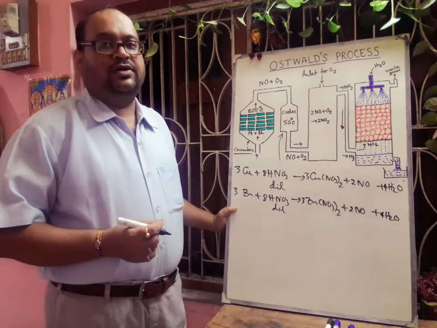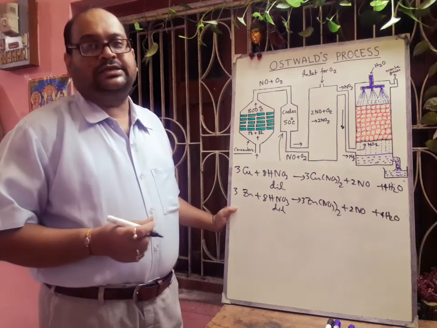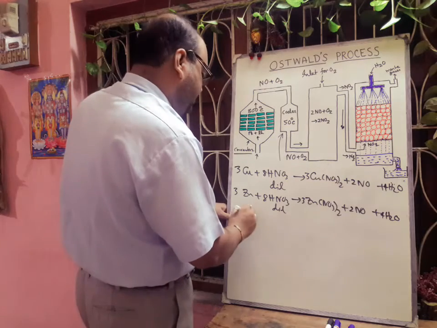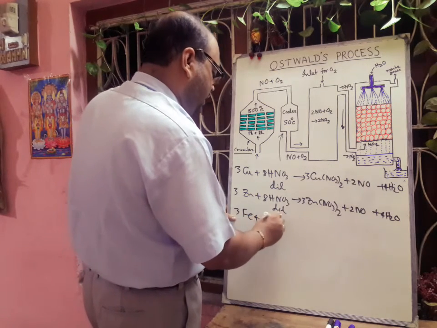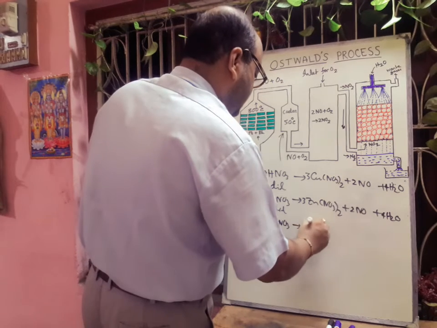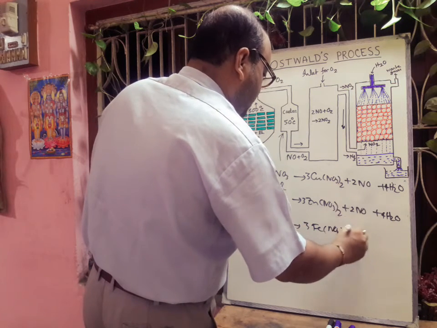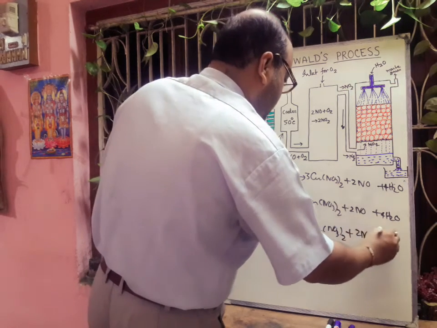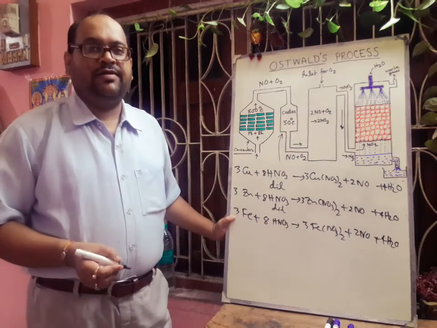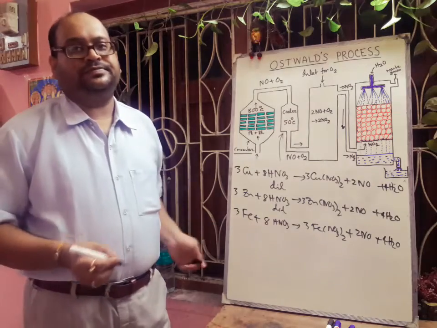Next, iron, when it will react with the dilute nitric acid, it will form ferrous nitrate. Okay, that thrice Fe will react with 8HNO3 forming ferrous nitrate Fe(NO3) whole twice plus twice NO plus 4H2O. Okay, so these reactions are very important. You have to remember or keep in mind.